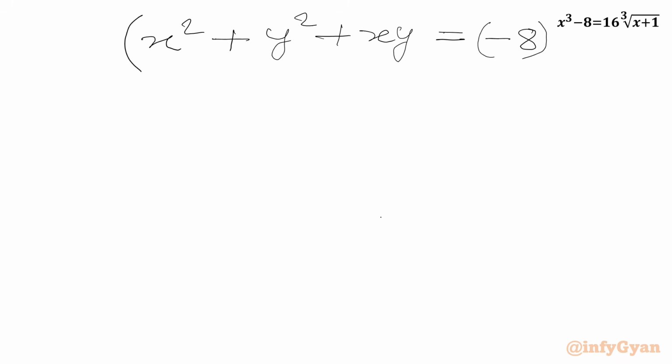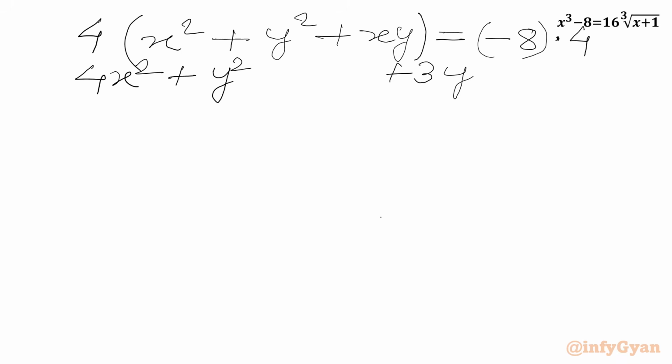We are going to multiply both sides by 4. In LHS we will get 4x square plus 4y square, which we can write as y square plus 3y square. Then we have 4xy, and in RHS we have minus 32.